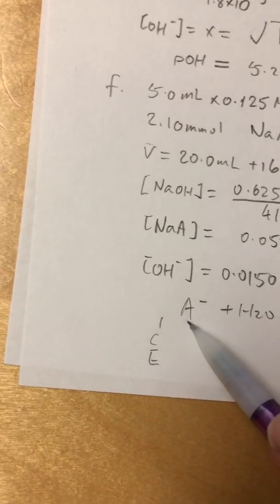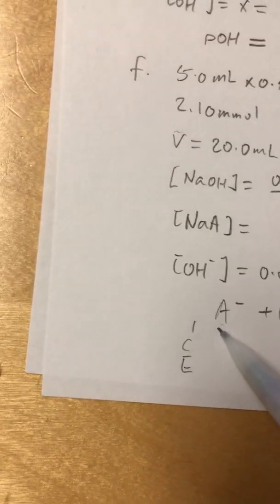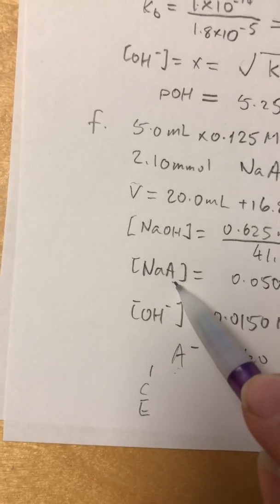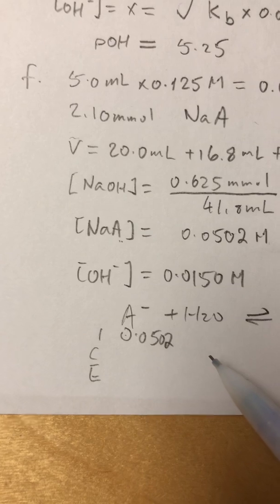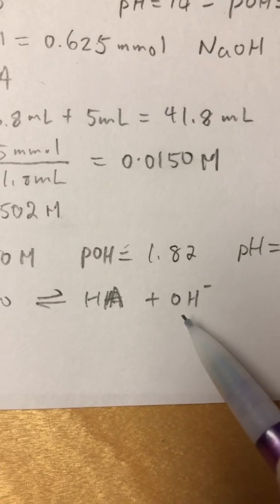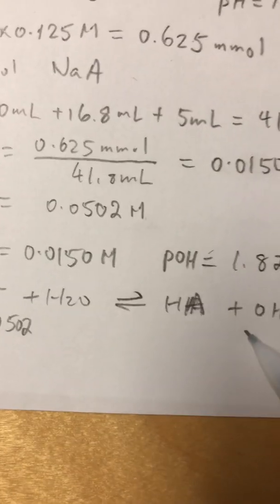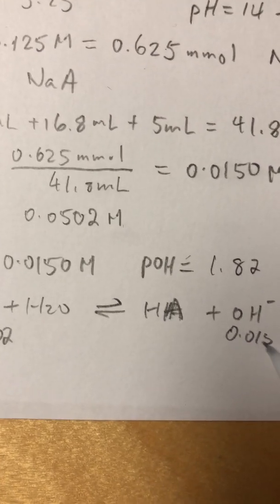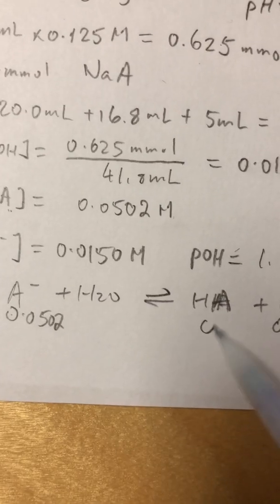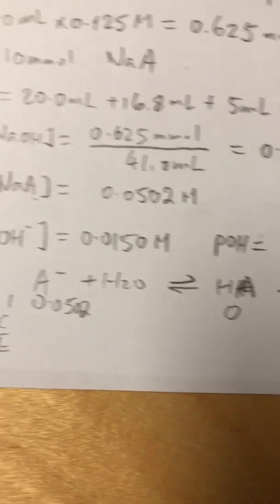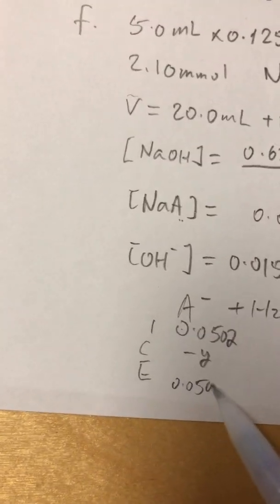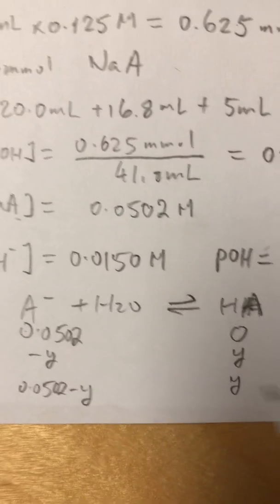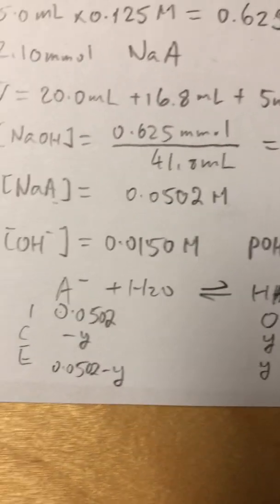ICE, then here, what would this be? The concentration, completely dissociated, 0.0502, not a small number. But the hydroxide is from sodium hydroxide. It's also completely dissociated, 0.0150. Let's say this is 0 at the beginning. Change, let's say y, that's plus y, minus y, equilibrium 0.0502 minus y, and 0.0150 plus y.